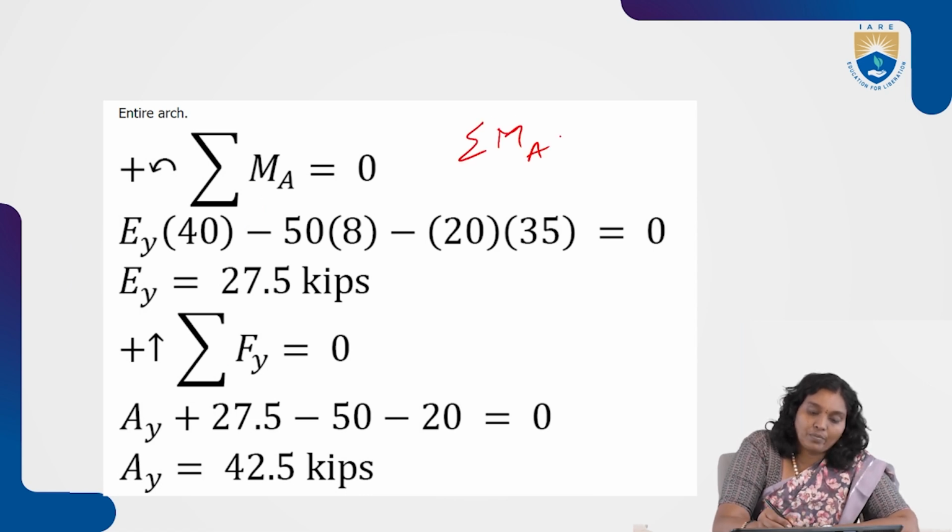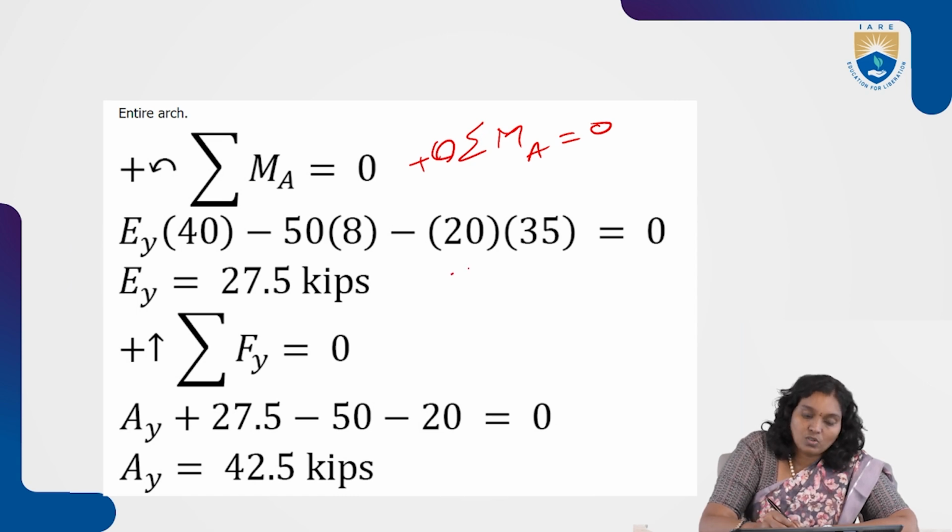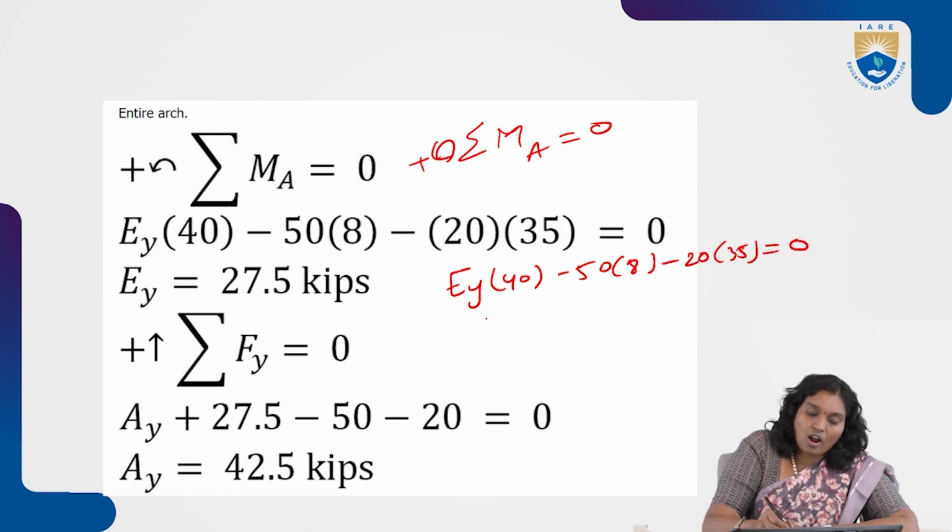As per the diagram, we take moments with respect to A. So Ey into 40 minus 50 into 8 minus 20 multiplied by 35 is equal to 0. After calculations we will get the vertical reaction at point E.